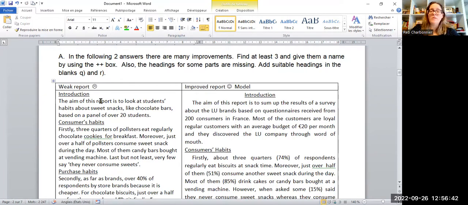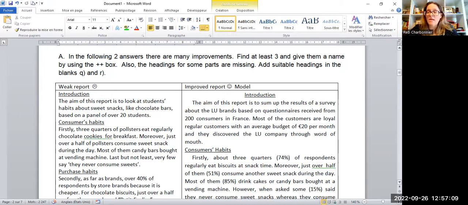I have 2 reports. One is weak or not so good, and the other one, I improved it. So there are many improvements. And one of the things you can do is go through, read the 2 reports and find 3 improvements and give them a name by using the plus box, meaning it's like a bonus that you have when you change things.